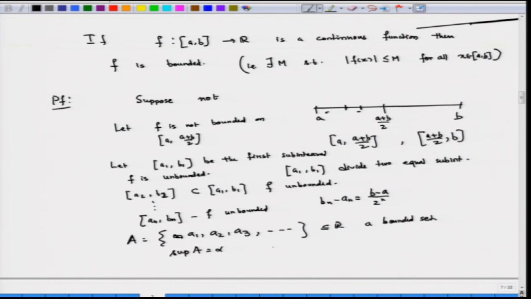Now alpha belongs to [a, b] and f is a continuous function. Therefore, since f is continuous, there exists a delta greater than 0 such that for x belonging to (alpha minus delta, alpha plus delta) intersected with [a, b], mod of f of x minus f of alpha is less than 1.